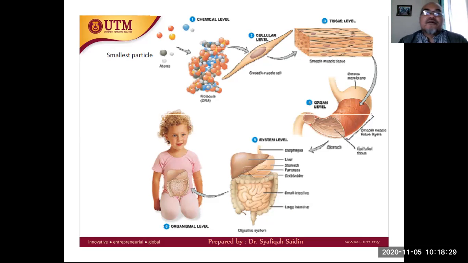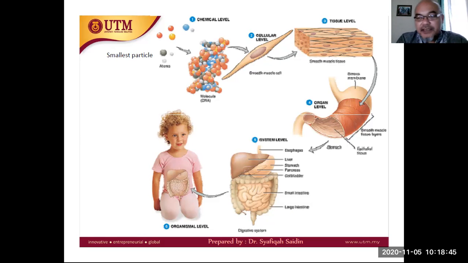But for wearable electrocardiography, maybe then the electrode will be placed into the organ, in the vicinity of the heart.